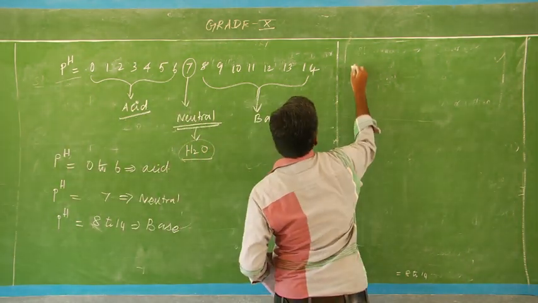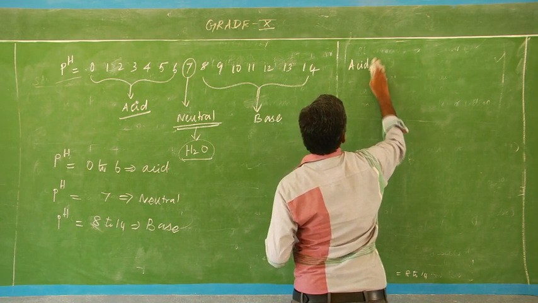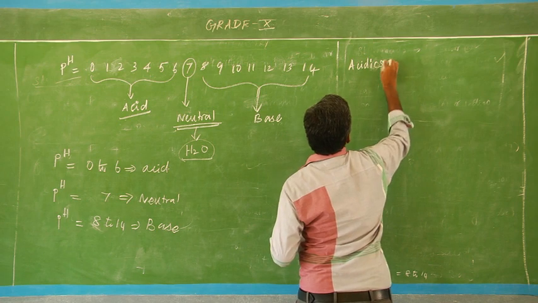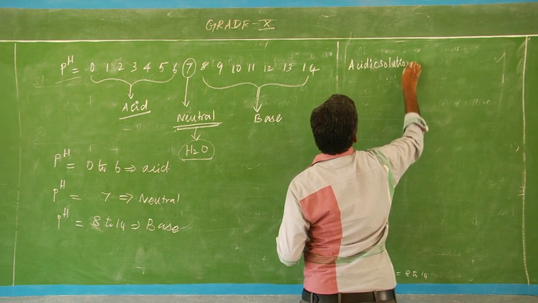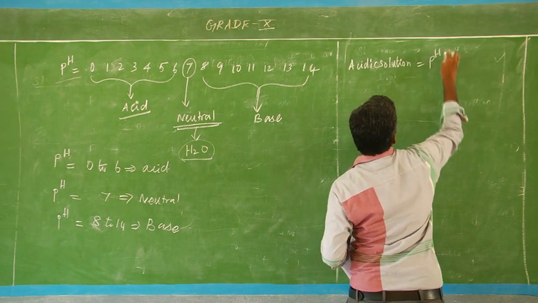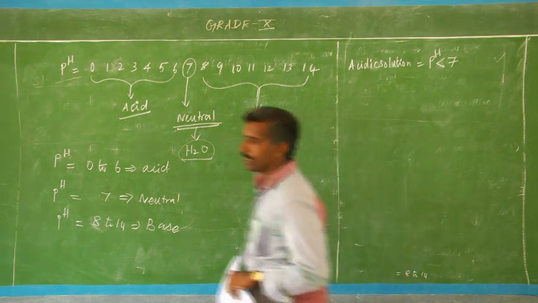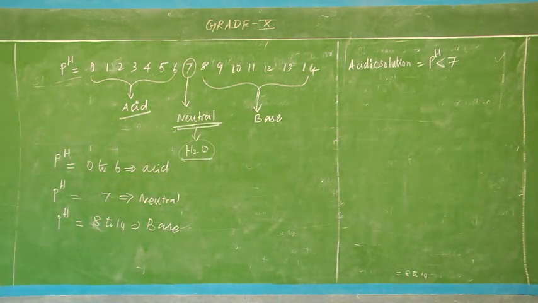For acidic solution, when the solution is acid, pH is less than 7. pH less than 7 is known as acidic solution.